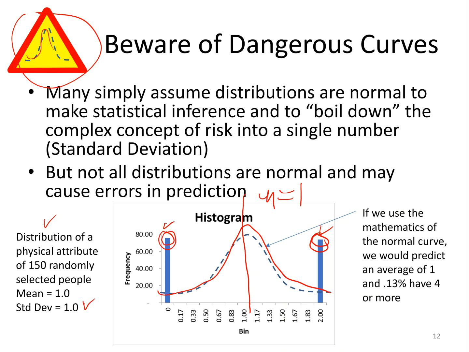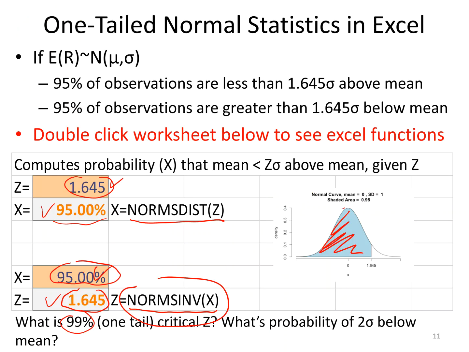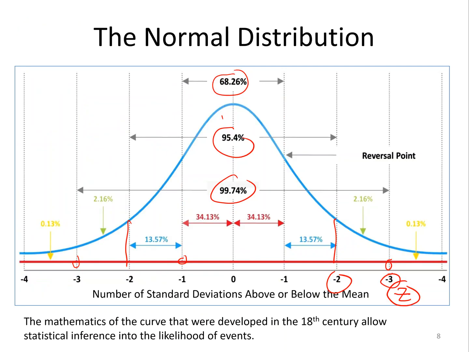Therefore, I would predict that the average person would have 1 of these attributes. And if I use this graph, I can say that 0.13% of the people will have 3, over the mean, 3 times the mean.